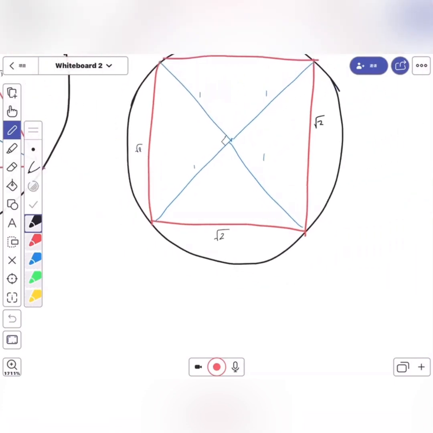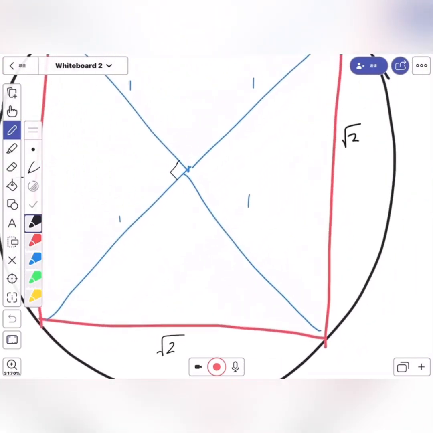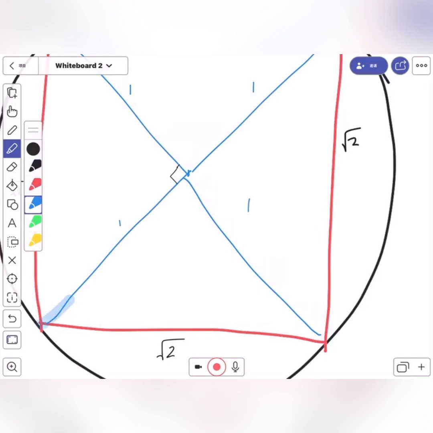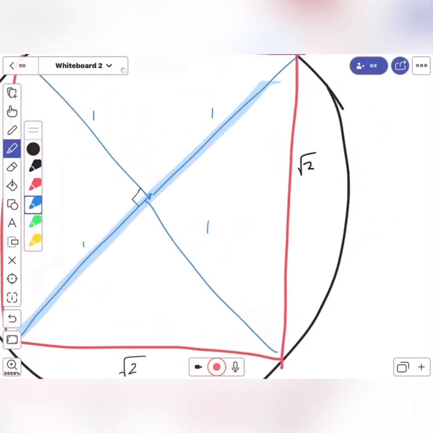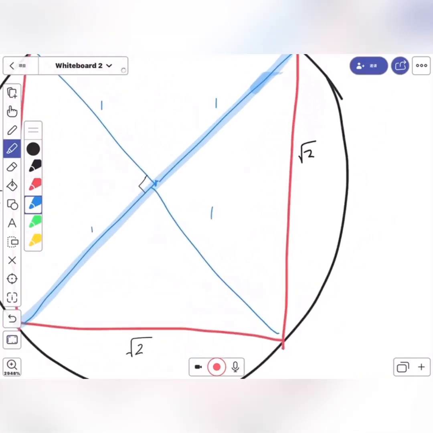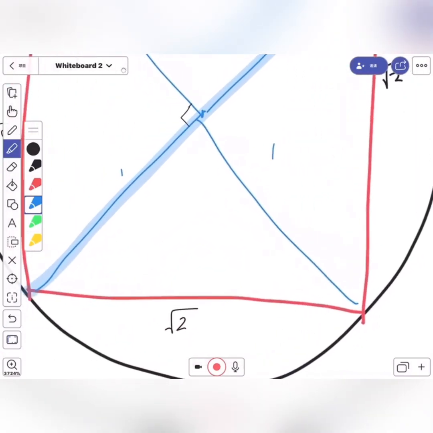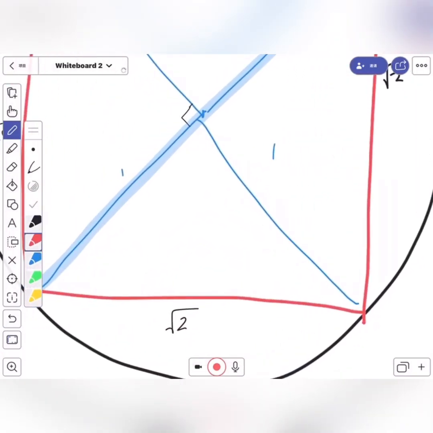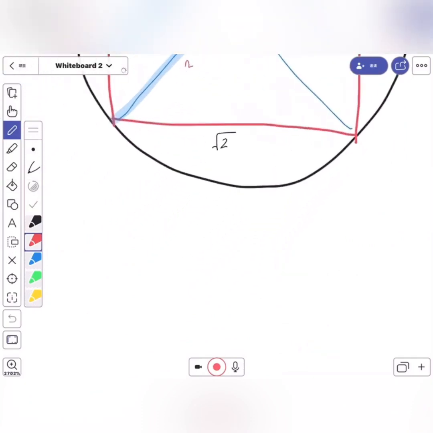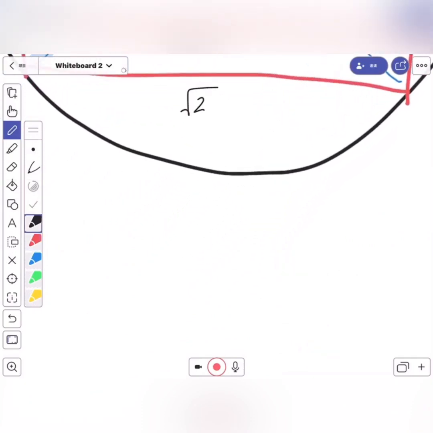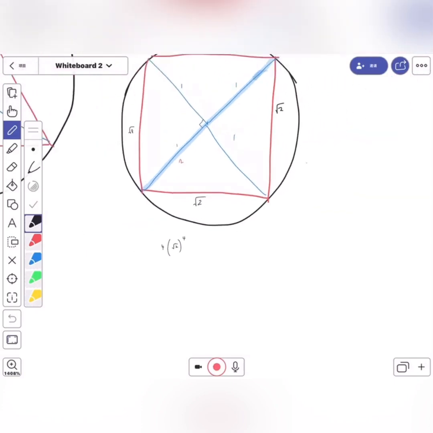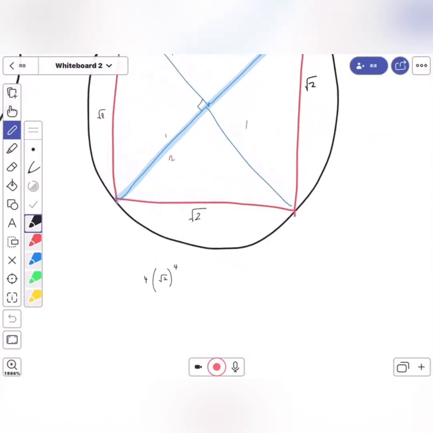Now the diagonal in this case is the entire diameter, so the diagonal has a length of 2. Therefore the answer here is 4 times square root of 2 to the 4th power, since we have 4 edges of length square root of 2.